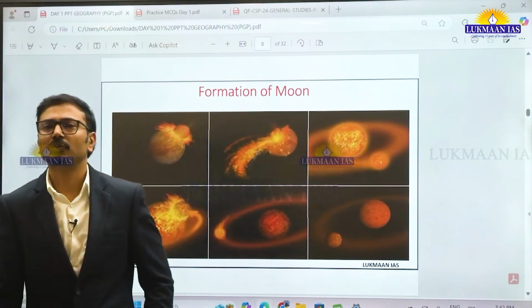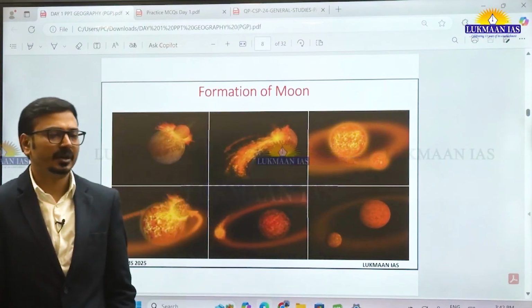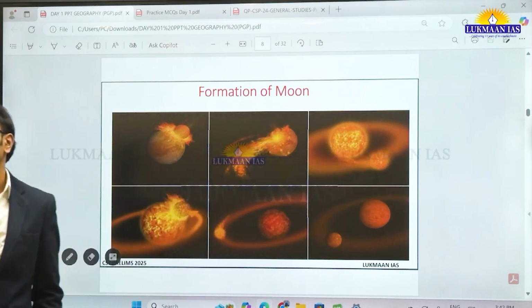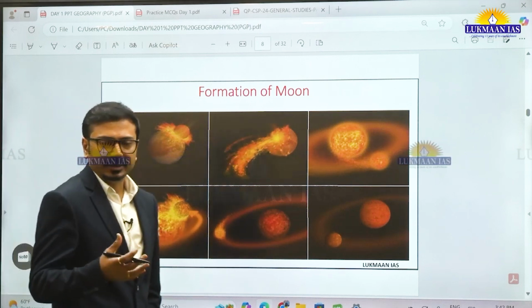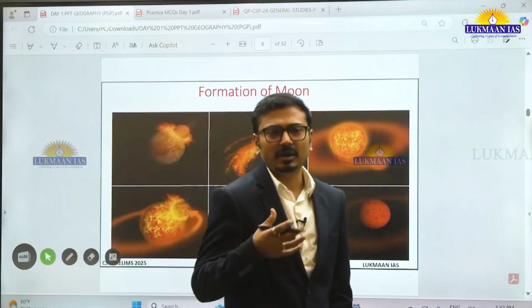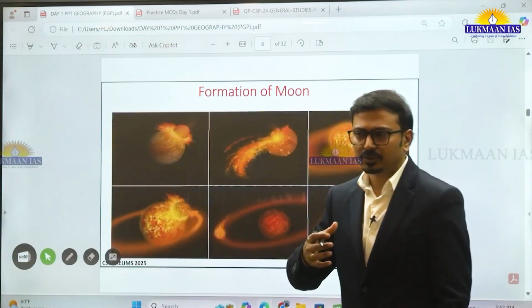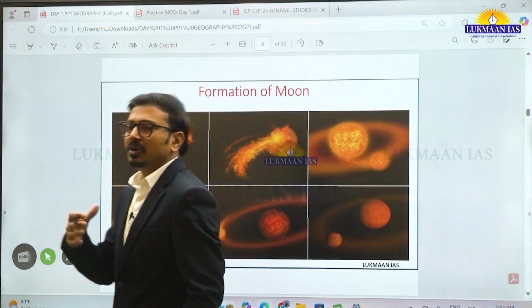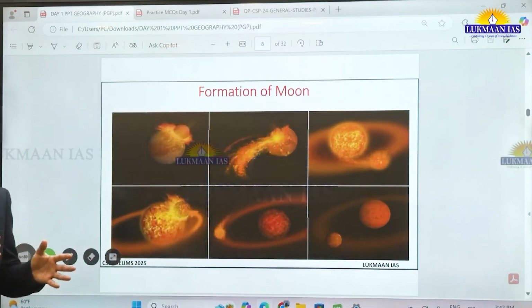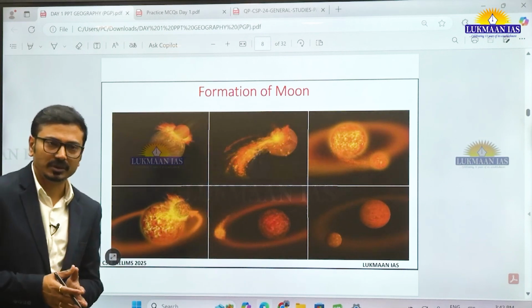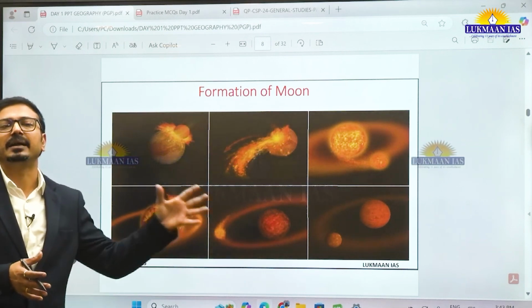So the moon is formed through an event after, let's say, the formation of the sun. There was a giant impact event wherein a large body of mass impacted Earth's surface, which resulted in some mass of Earth being ejected from its surface. The present day depression that we see in the form of the Pacific Ocean is basically due to that impact.